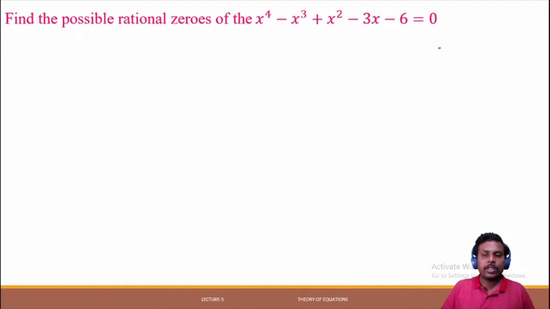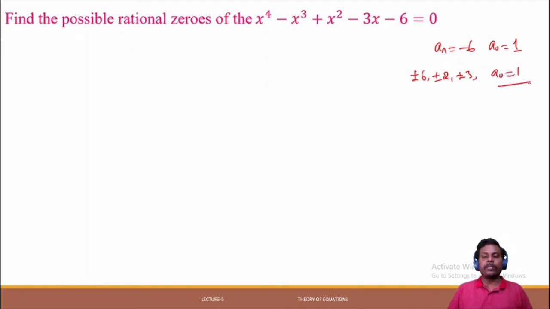Leading coefficient a naught is equal to 1, and an is equal to minus 6. What are all the factors of minus 6? This is plus or minus 6, plus or minus 2, plus or minus 3. And this a naught is equal to 1.